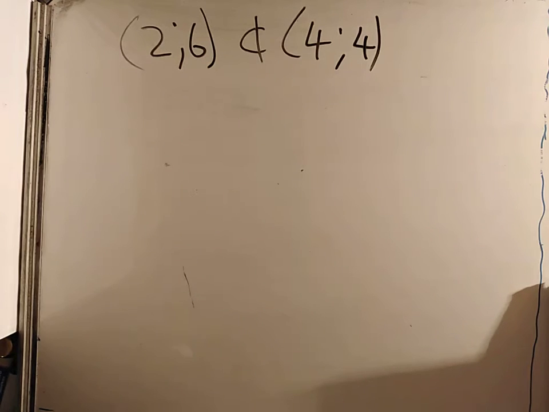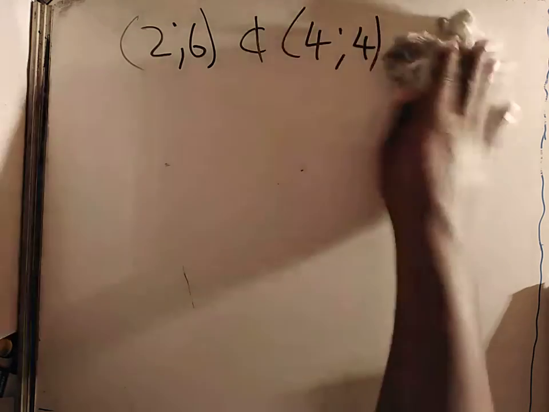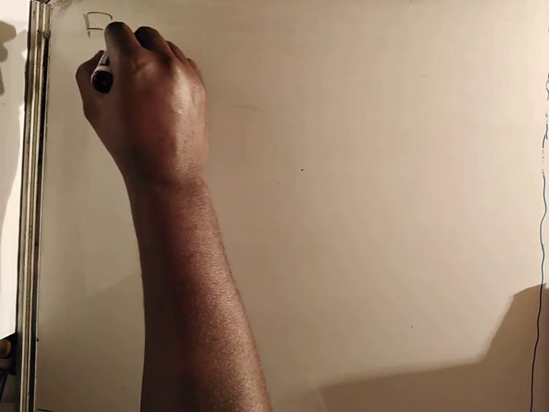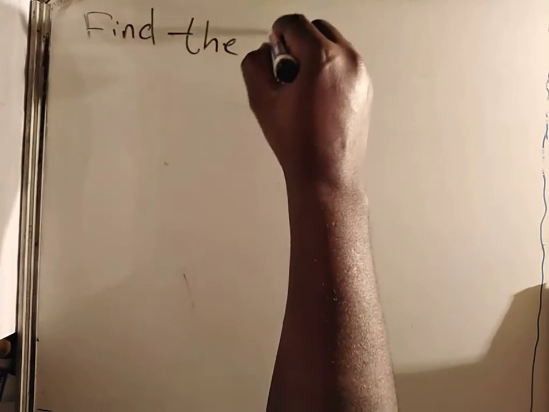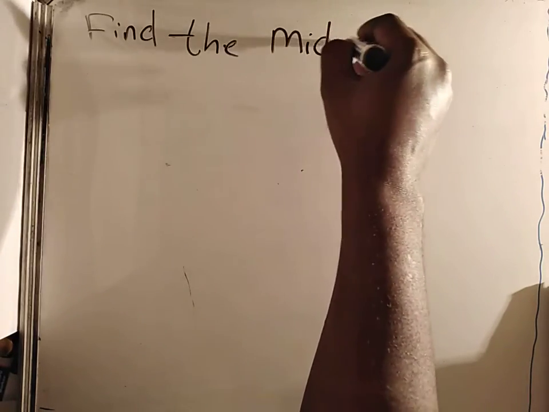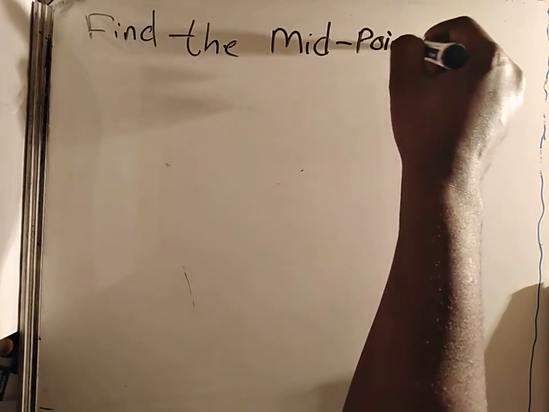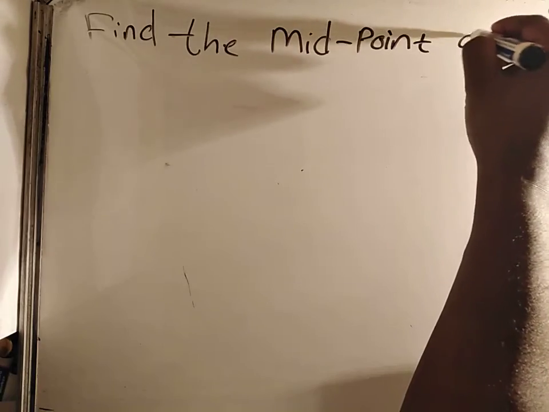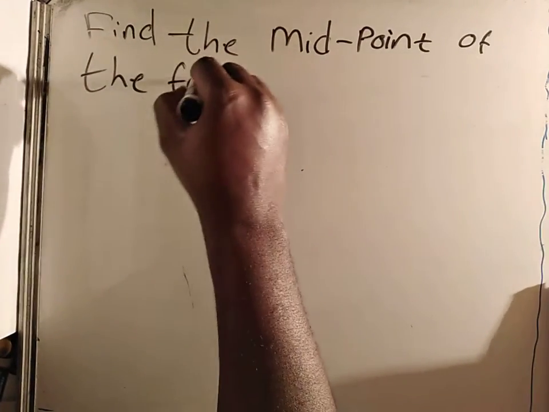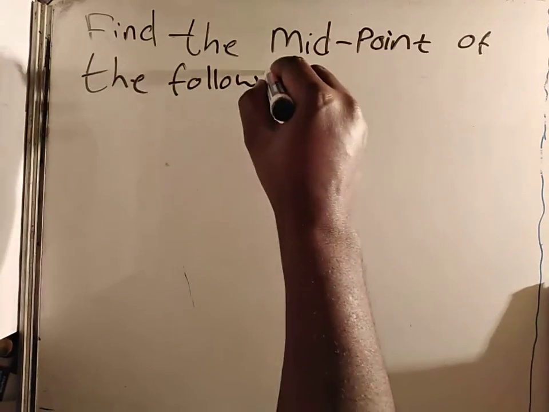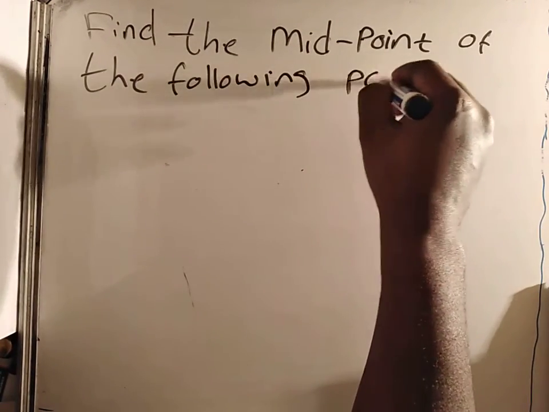You are just looking for a midpoint, and then your question is, let me write the question properly, because I just said it, I didn't write it. Find the midpoint of the following points.